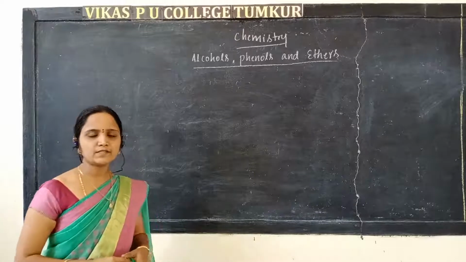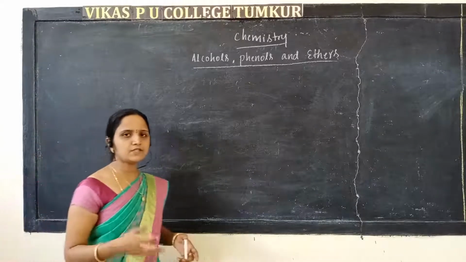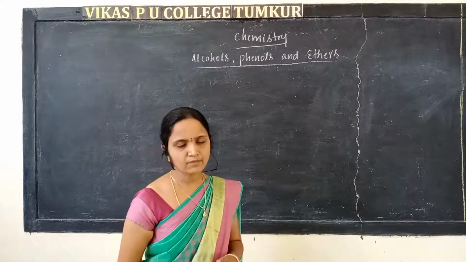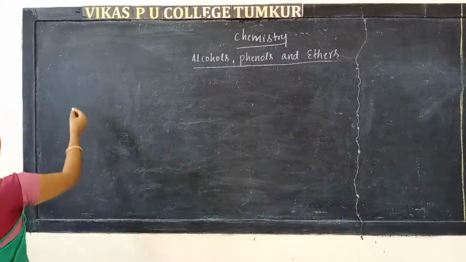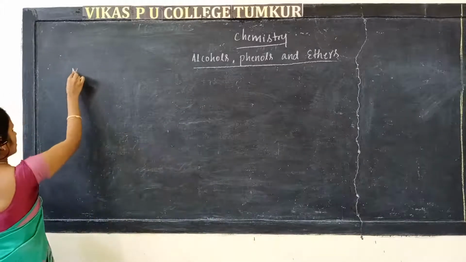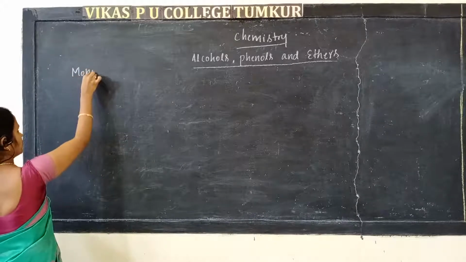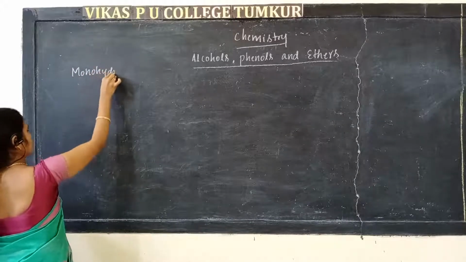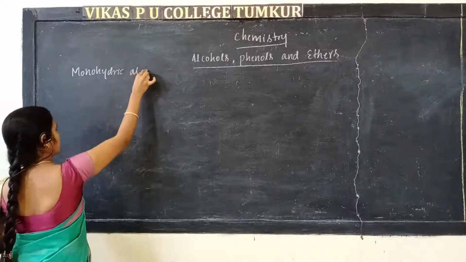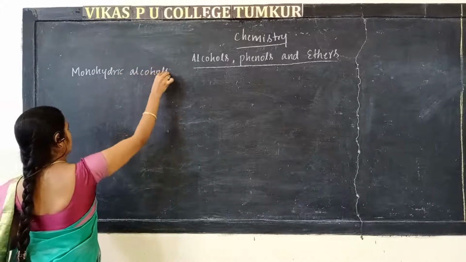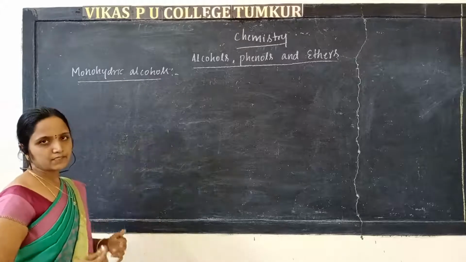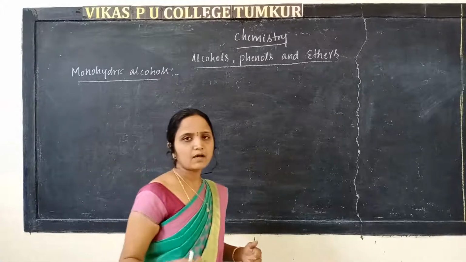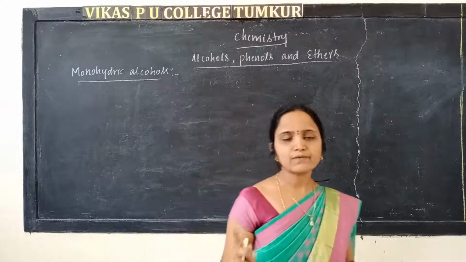Until now, we have discussed the classification based on the number of hydroxyl groups. Now we are going to discuss monohydric alcohols. Monohydric alcohols are alcohols which contain only one hydroxyl group.